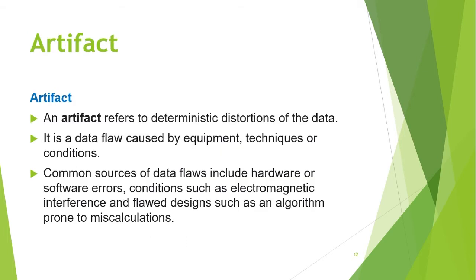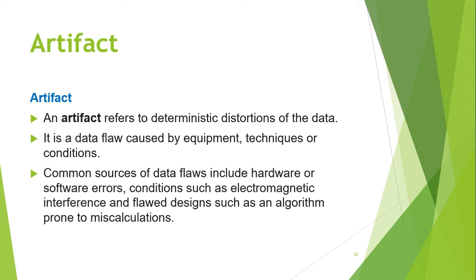Okay? Now, artifact. Ano yung artifact? An artifact refers to deterministic distortions of the data. It is a data flaw caused by equipment, techniques, or conditions. This one naman is distortion of the data due to equipments, techniques, or conditions.